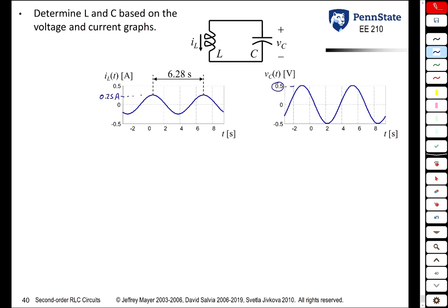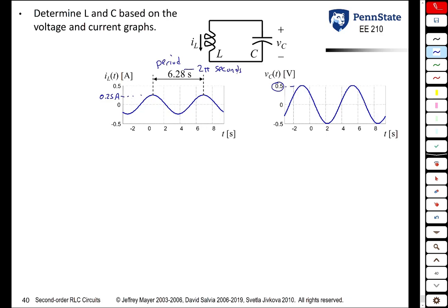Furthermore, we see that the period is 6.28 seconds, which happens to be 2 pi seconds. So how can we use this information to determine the values of the inductor and the capacitor?